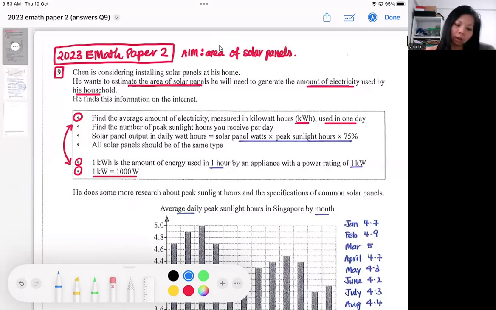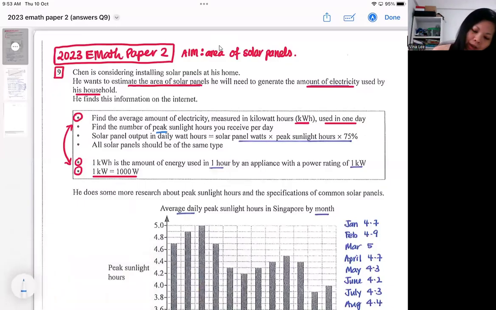Secondly, because the idea of solar panel is they trap the sunlight, you need to find out the peak sunlight hours. That means how many sunlight hours that you receive. In some countries, they don't have a lot of sunlight hours because they have their sunset very early. Locally, our sunset is around 7 o'clock.